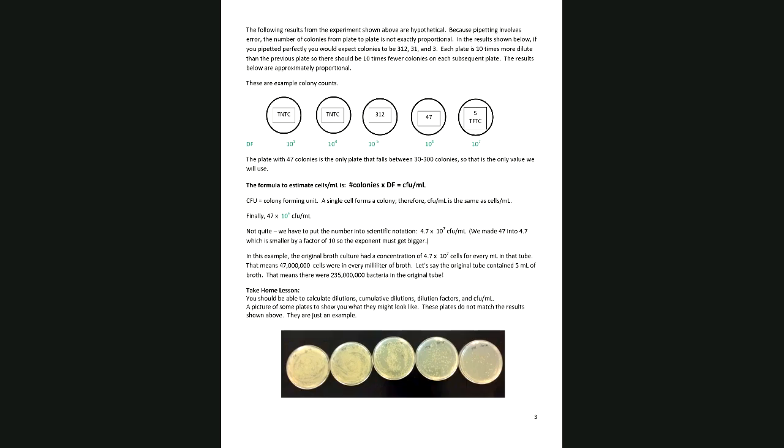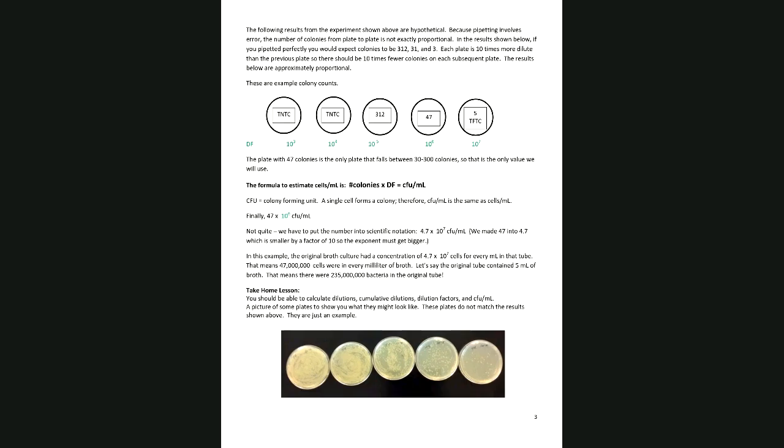And so what would your estimate be for the 10 to the 7 plate, which has 10 times fewer cells on it than the 10 to the 6 plate? Well, somewhere between 4 and 5 if your technique was perfect, right? So it'd be 10 times fewer.